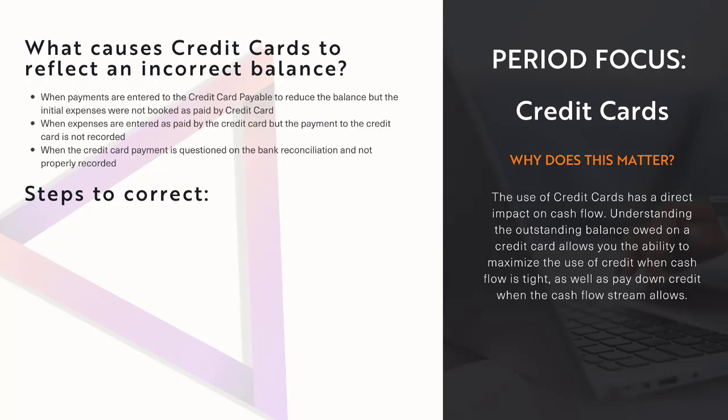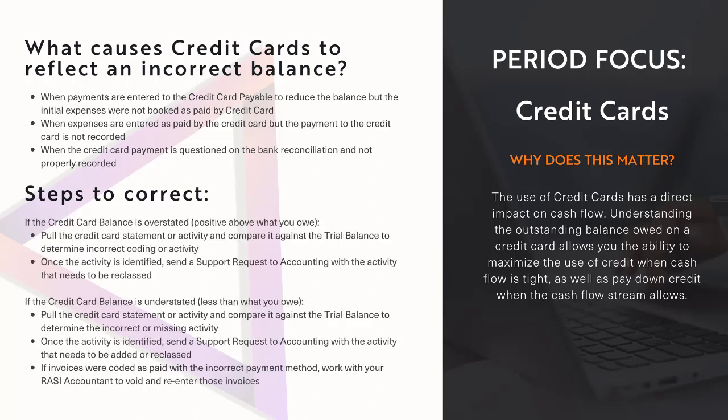Credit card balances can get out of balance when payments that are entered as paid by the credit card are not entered in. Likewise, if the expenses are entered as paid by the payable, but the payment on the credit card is not entered, then it would cause a bank reconciliation question, and in turn, you would want to make sure you code that correctly.